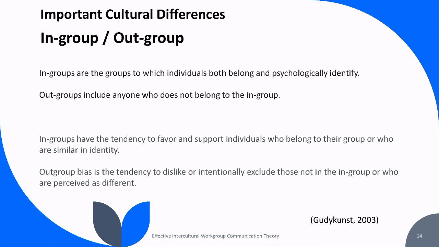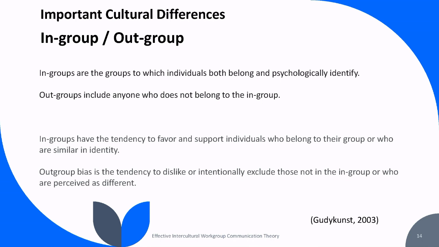With communication in a work group, this can work both ways. The benefit is that in groups tend to be more cohesive, they communicate well, they accomplish tasks well. However, in groups do tend to favor their own, they support their own group, they work with people who they identify with.